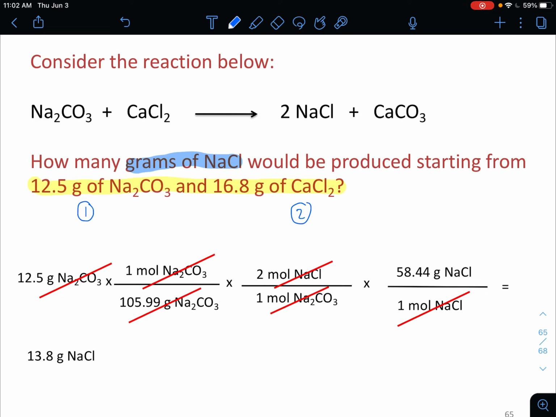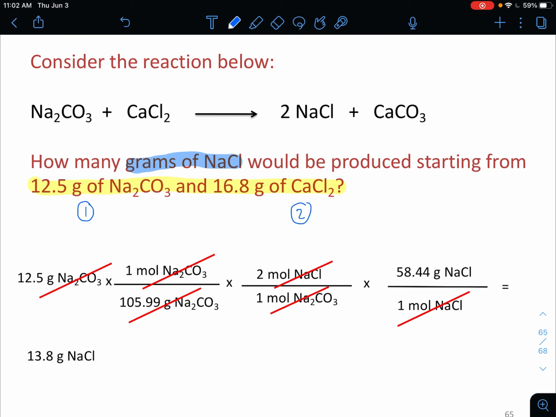Whichever one of those calculations gives you the lower product amount, that will tell us not only which reactant is the limiting reactant, but it'll also tell us the amount of product that we're going to make. So I'll run this calculation twice. Whichever one gives me the lower theoretical yield is the limiting reactant, and that lower theoretical yield that we calculate is the actual answer to the question.